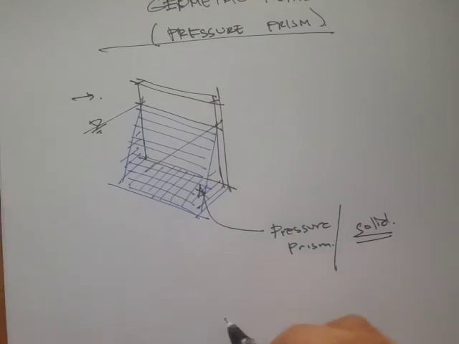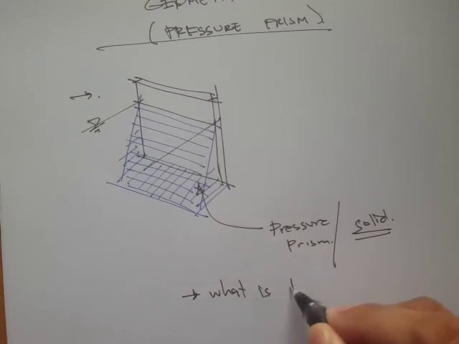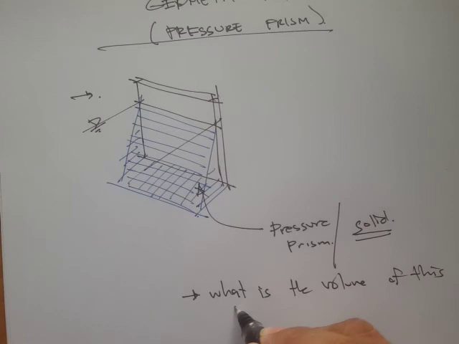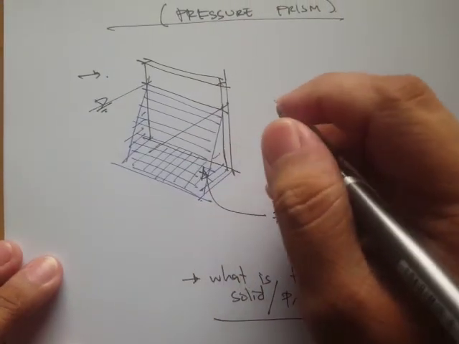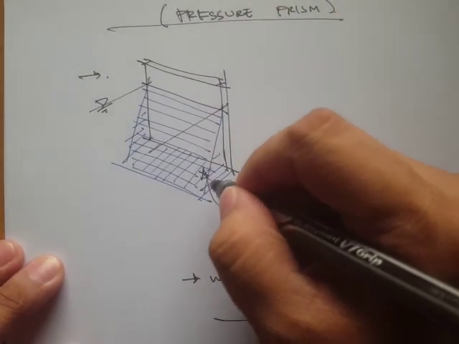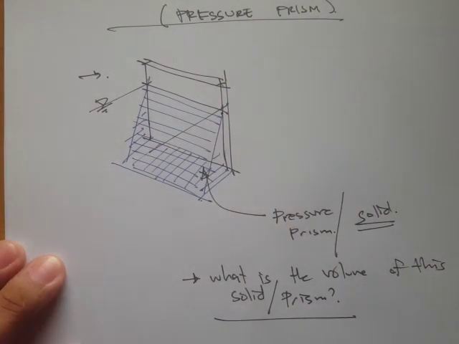Now the question is, what is the volume of this solid or this prism? Okay, so the volume here is basically just the area, right?